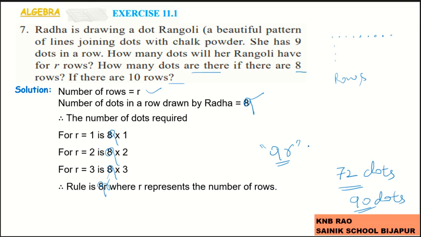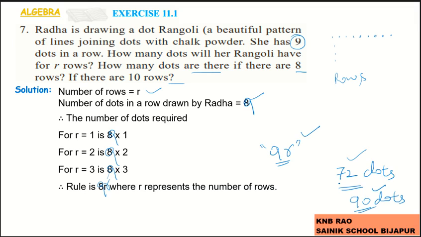These were given wrongly in the textbook, so kindly correct it. 9R, because 9 dots are there in a row, so 9R is the rule, and if there are 8 rows, 72 dots will be there. If there are 10 rows, then 90 dots will be there. So these are the right answers.